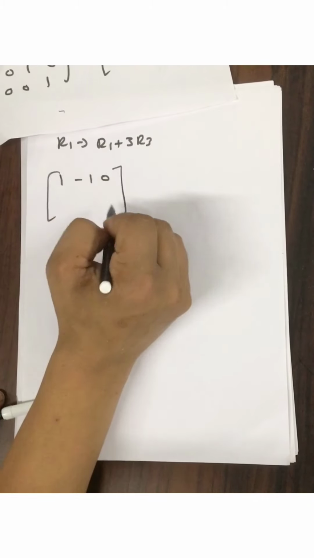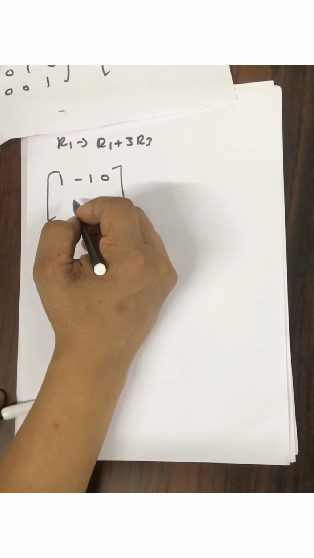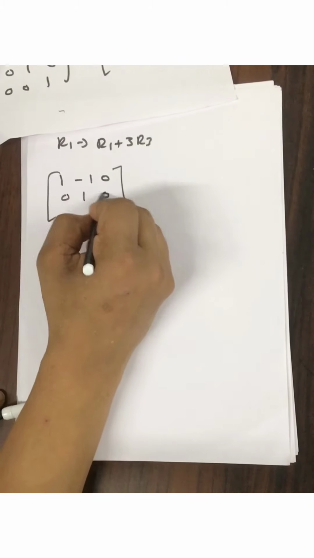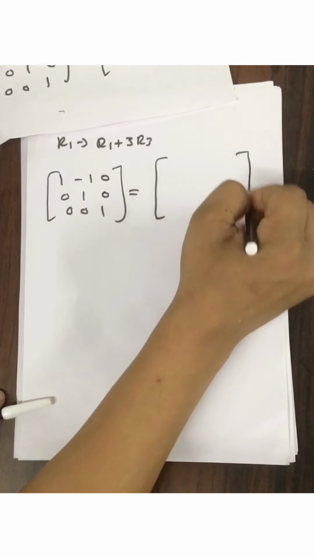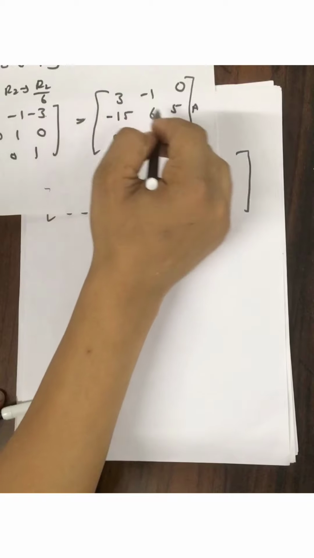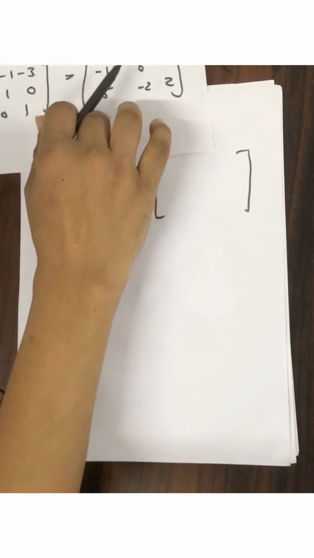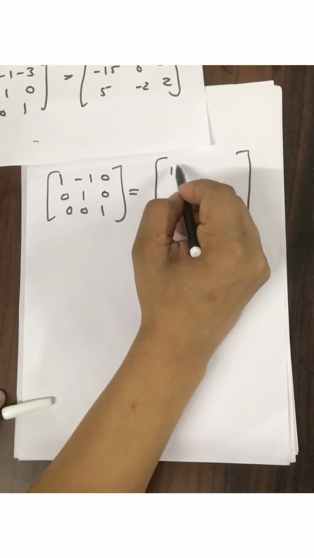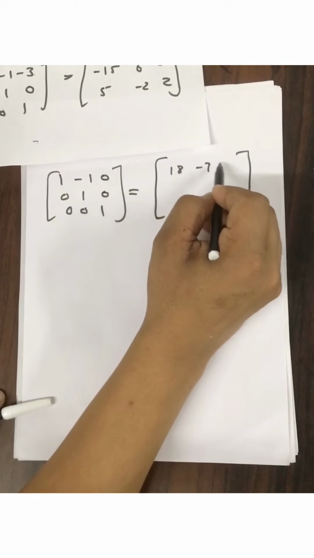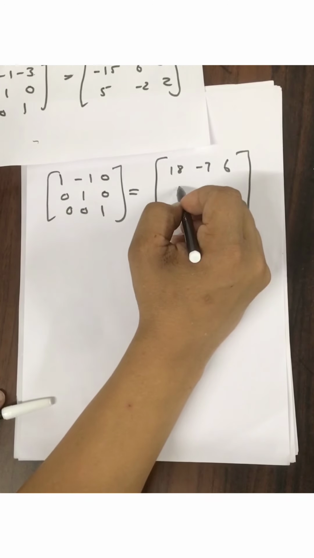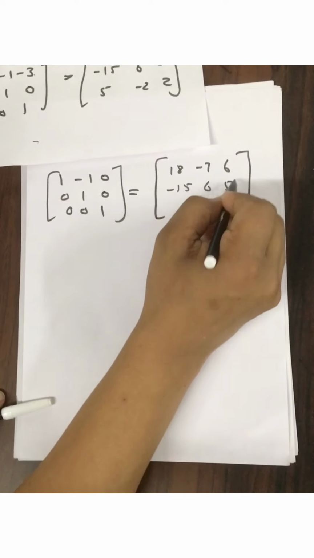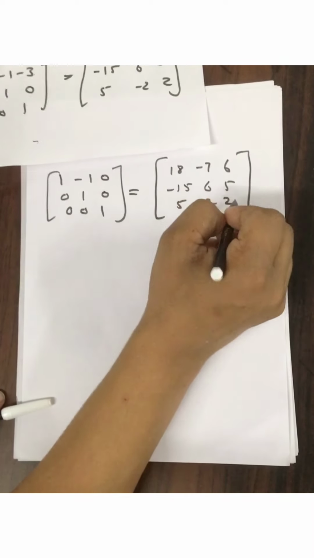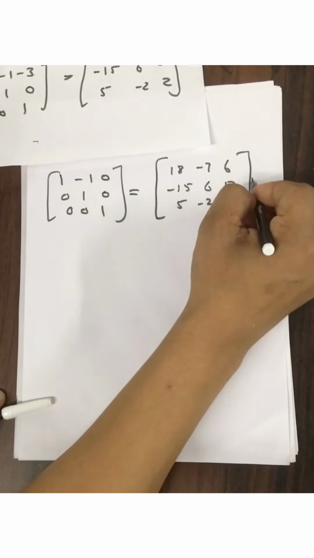The rest I will write as it is, no problem. 0 0 1 equals, now only the first step you have to be concerned with. See, this was there, so this became 18 and this became minus 7, this becomes 6. The rest will remain the same. Minus 15, 6, 5, minus 2 and 2, okay, into A.